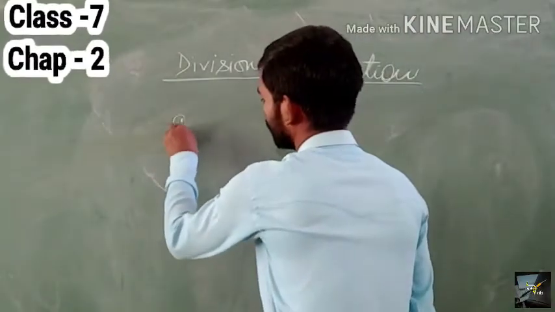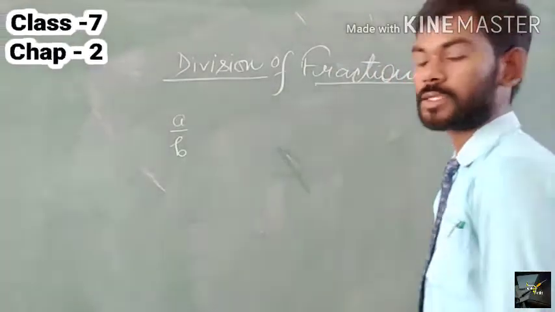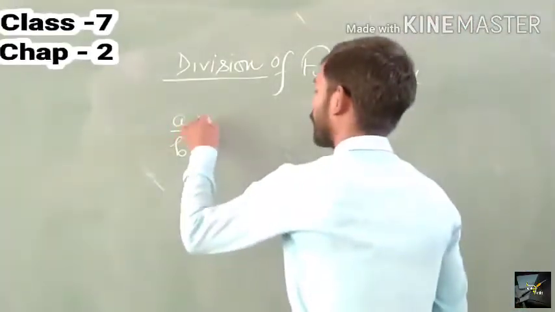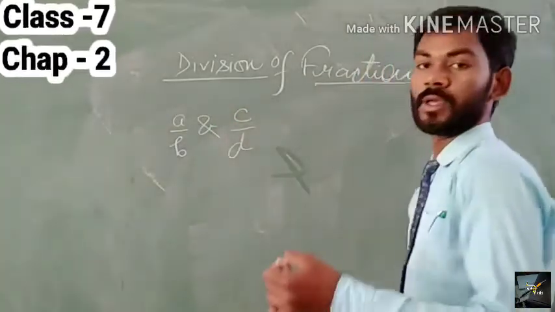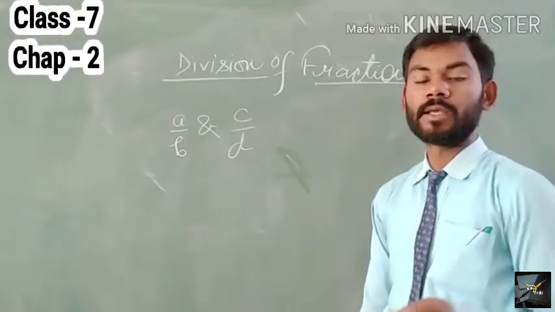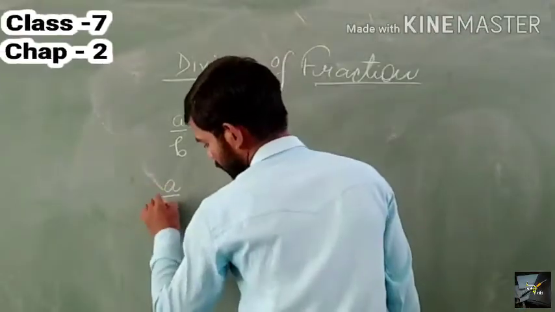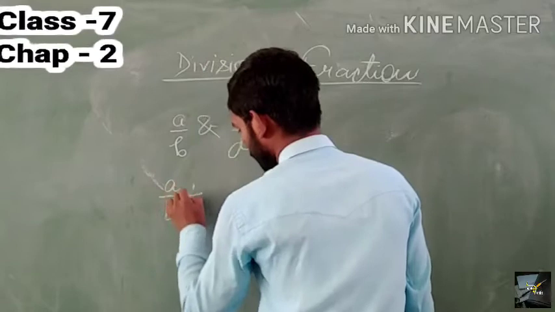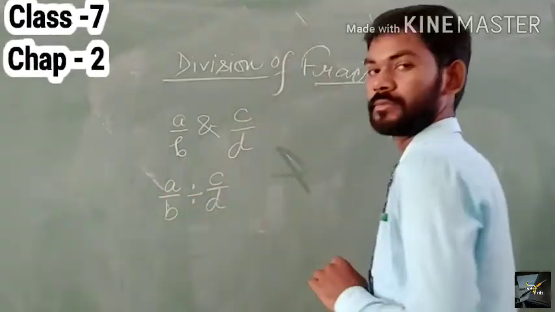Suppose that a upon b is any fraction and c upon d is another fraction, and we have to divide the fraction a upon b by the fraction c upon d.